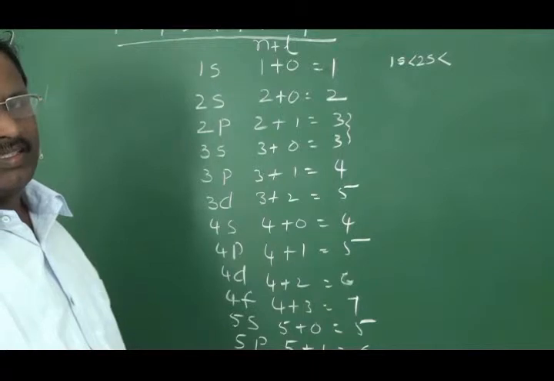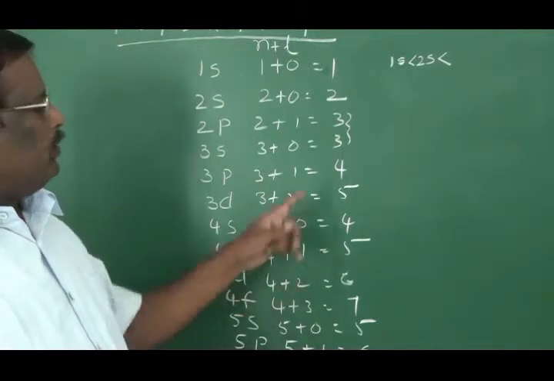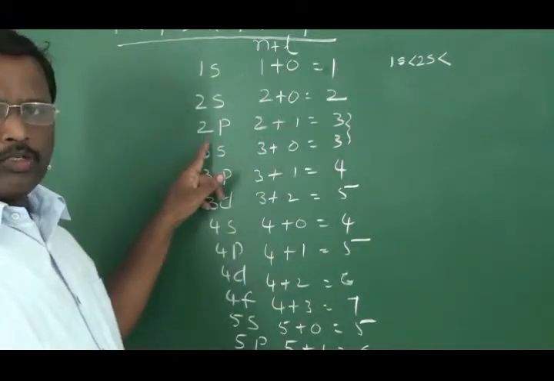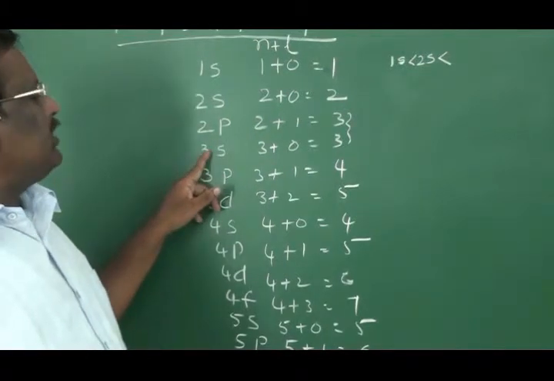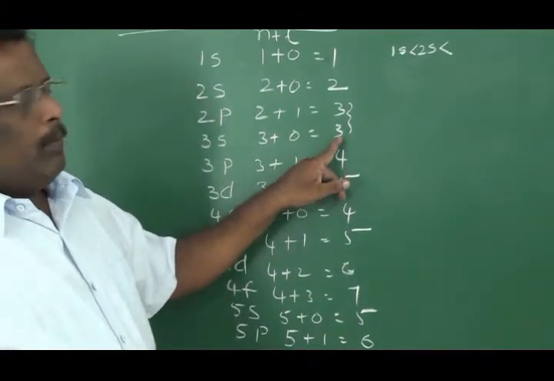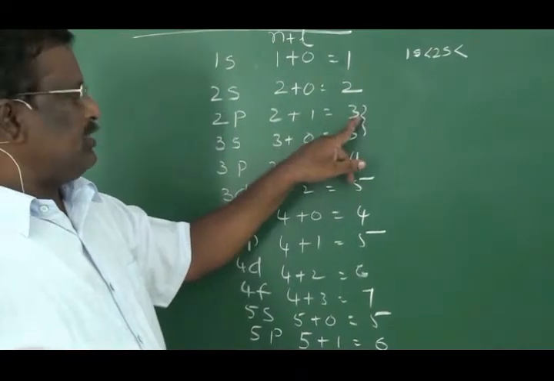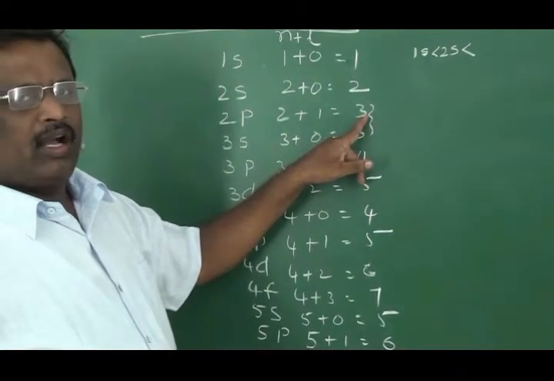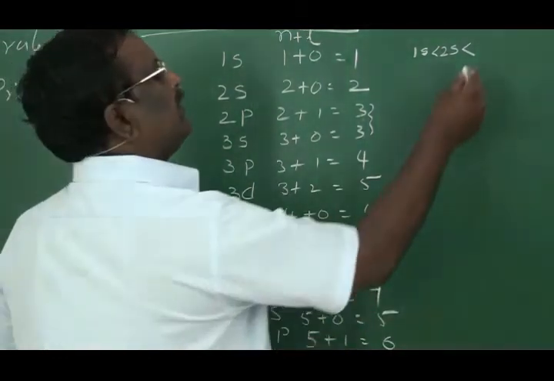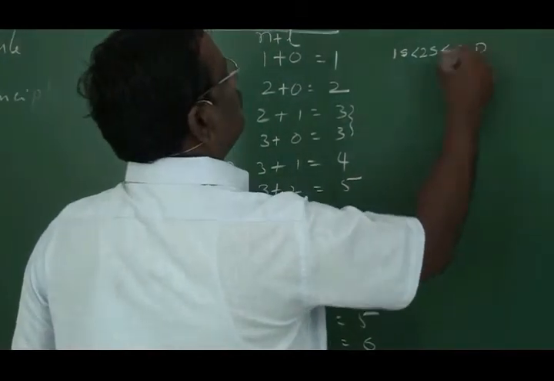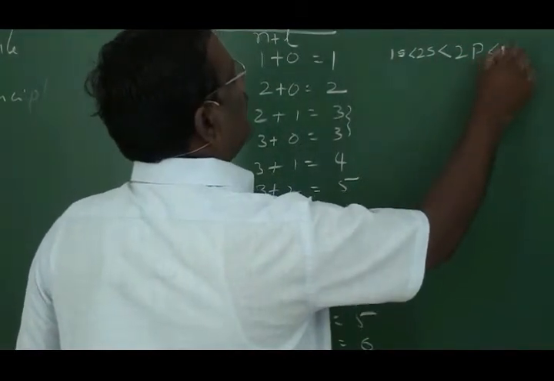In such cases, the orbital with the least n value will be considered as the least energy orbital. So for 2p and 3s, n plus L value is 3, but n value is 2 for this and n value is 3 for this. So this is said to be the least energy orbital. So then it is 2p. Then 3s.